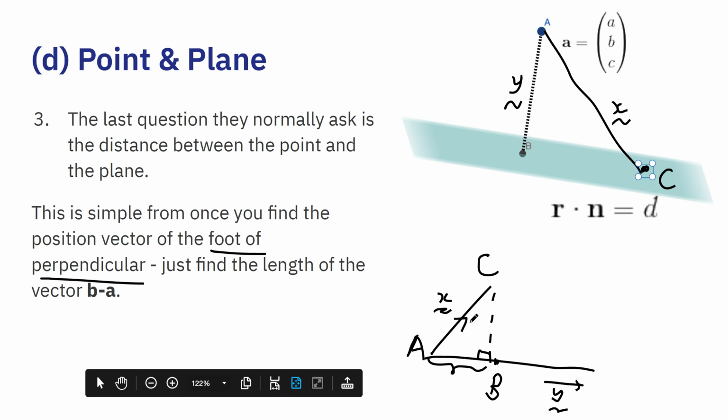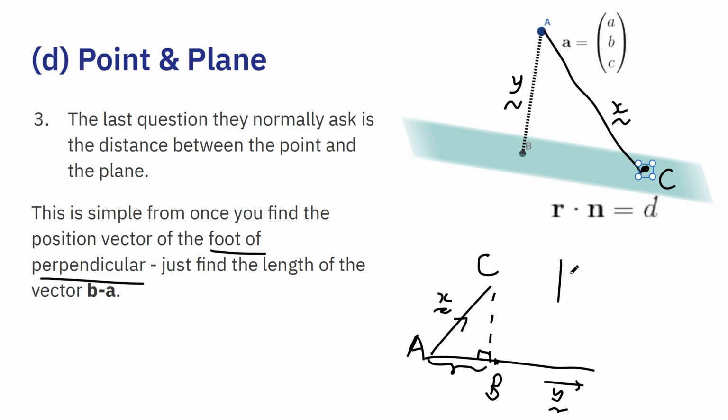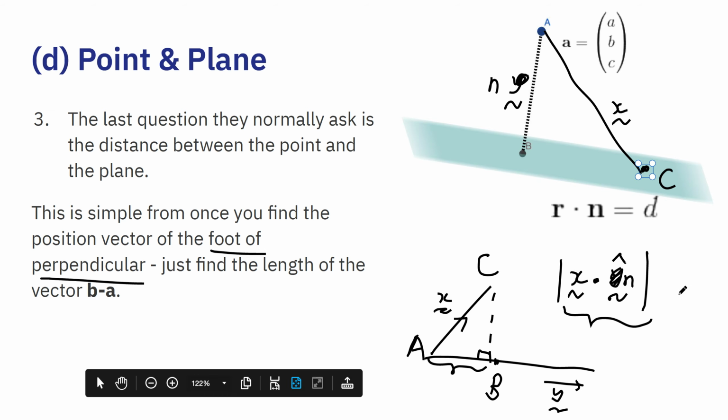So we can kind of flip it around mentally, and all we have to do now is take X dot the unit vector of Y, and your unit vector of Y here is actually equals to your normal, so we can replace this Y with normal because this is parallel to the normal vector, and this alone will be able to give us the length from the point to the plane. So this is actually a shortcut method to find the distance between the point and the plane.